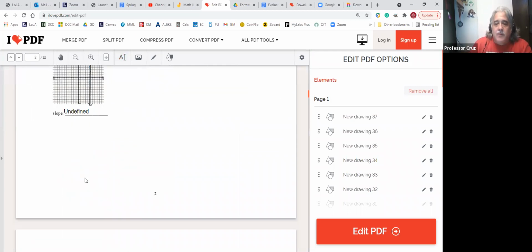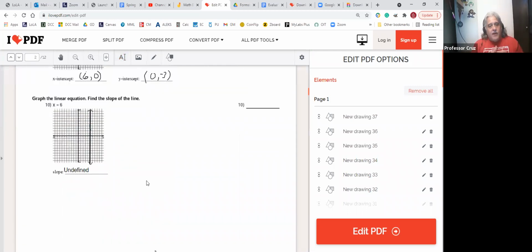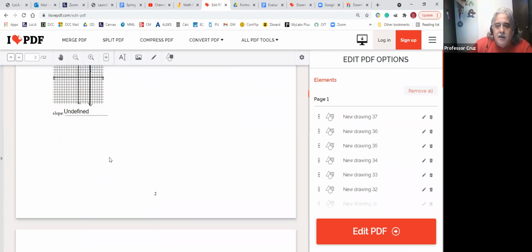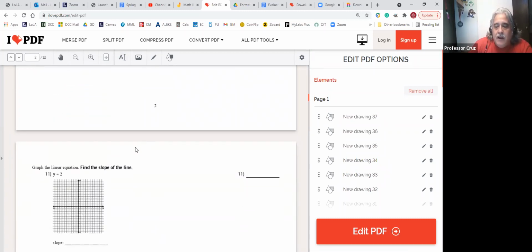Now, this next one is going to be the opposite. You remember how we had perpendicular lines? And like I said, this is kind of a special case because the undefined slope lays vertically and the horizontal line has slope of 0.